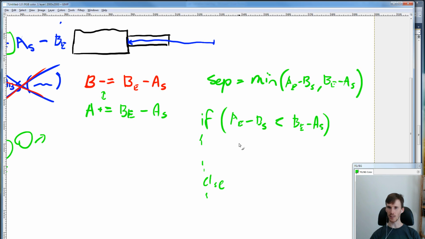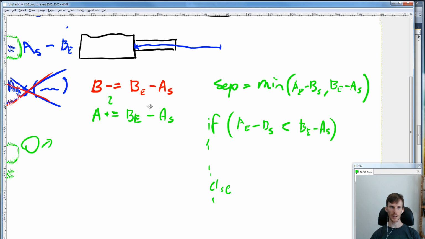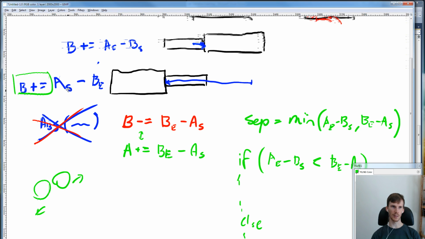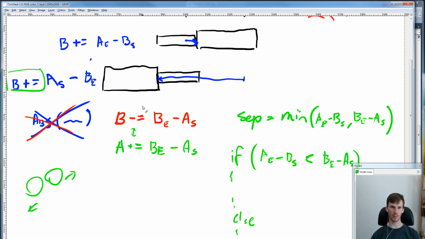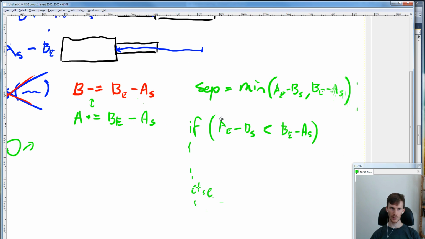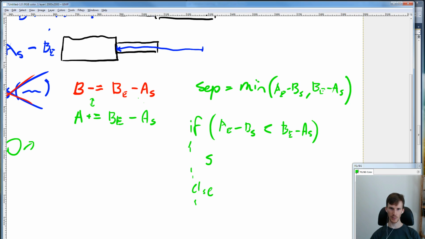The separation is, I guess, A end minus B start, else separation equals negative, now this is a smaller one in this else case, negative B end minus A start.